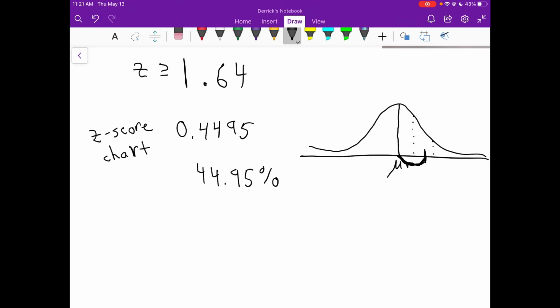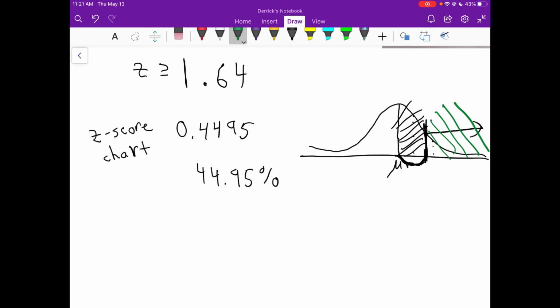All of this is the 44.95%. That's not what you're being asked, though. You are being asked to find from the 1.64 greater, meaning to the right. So this is what you've been given the percentage of, and over here is what you're actually looking for.